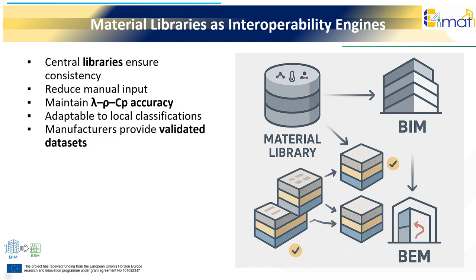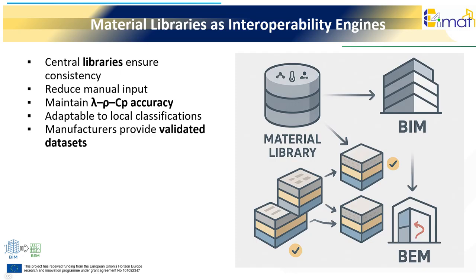Another benefit is the ability to align material definitions with industry classification systems or regulatory frameworks. By embedding classification codes, regional standards, or product families directly into the library, teams create a foundation that supports both interoperability and compliance. From a strategic perspective, central libraries elevate the quality of digital information and make it easier for external tools to interpret materials without reprocessing or approximation.